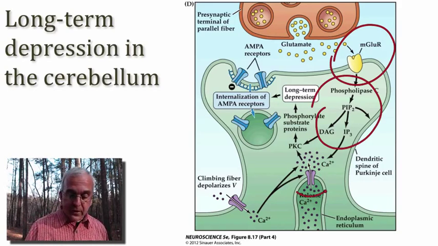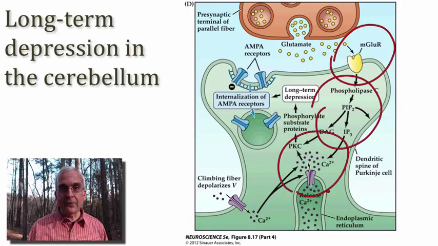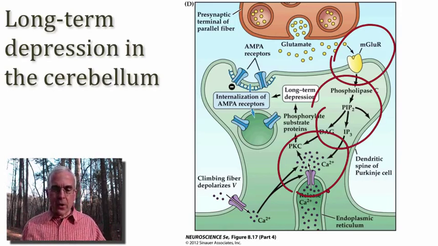So there is a sudden increase in calcium following the activation of these second messenger systems. But that release of calcium doesn't seem to be sufficient to cause robust internalization of AMPA receptors. So we need to get more calcium into this postsynaptic spine rapidly. And the way that happens is through activation of our climbing fiber system.